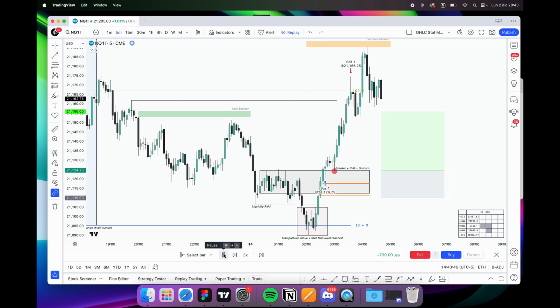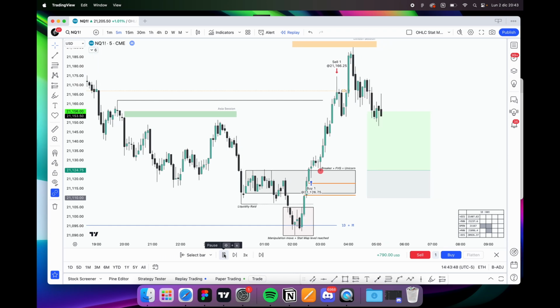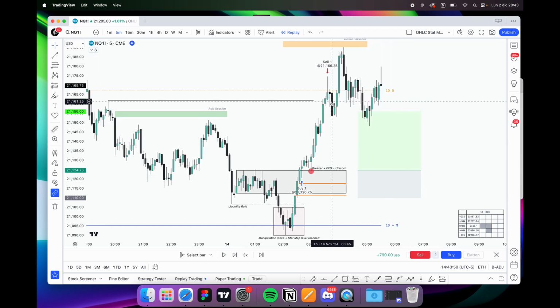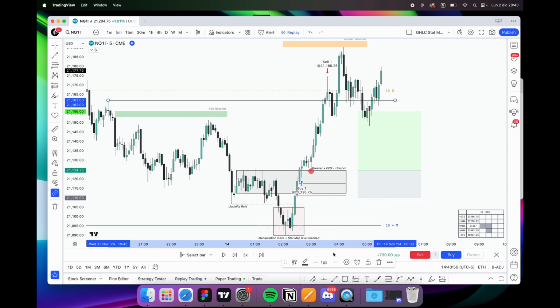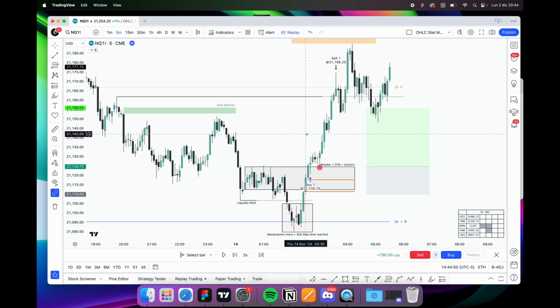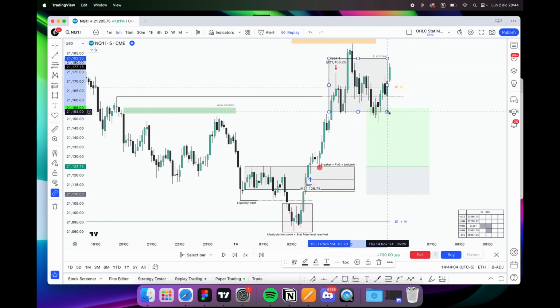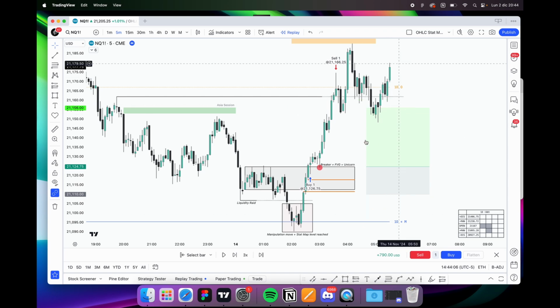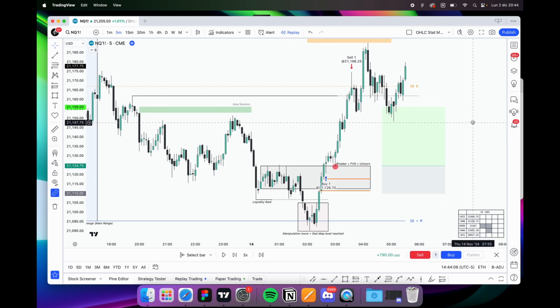We went higher, I think, this day, but you can see after taking Asia session liquidity, price just kind of consolidates in here instead of expanding, and yeah, that's an example.